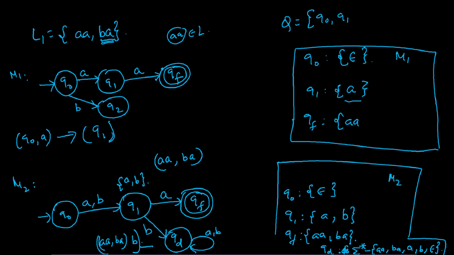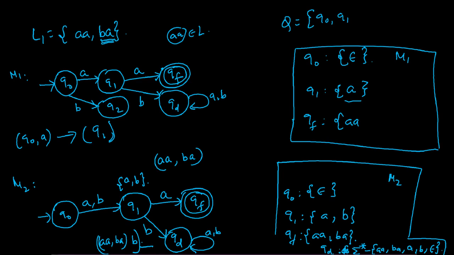Similarly, when you are at Q1 in case of M1, you see a B. Then it should go to the dead state. Okay.